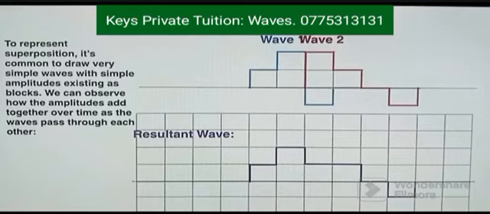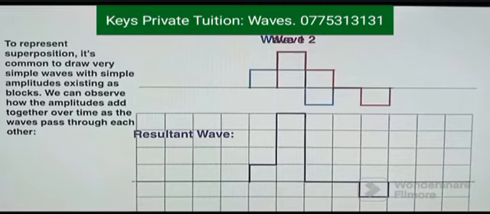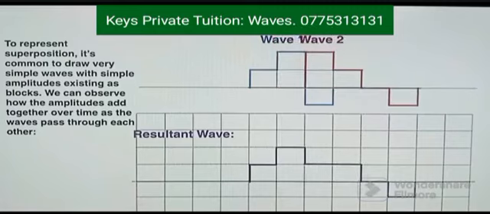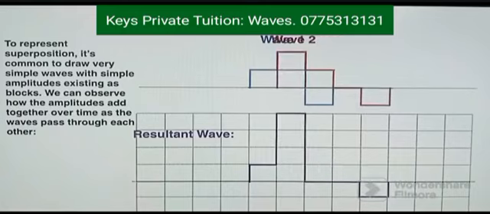So I also want you to follow that. If you follow that largest amplitude of wave 2 as it gets into wave 1 there, you realize that in the resultant wave we now have a total amplitude of 4. So this is a constructive interaction in which the amplitudes add up. So 2 + 2, we get a total amplitude of 4.